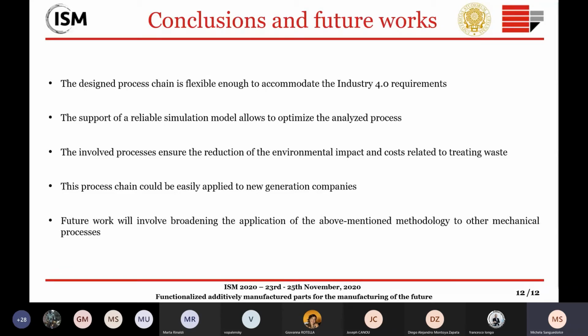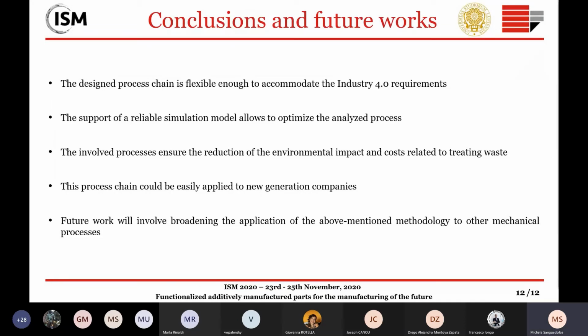Also, the support of a reliable simulation model allows us to optimize the analyzed process, significantly reducing costs such as scraps generated, and thus reduce the environmental impact and costs related to treating waste, while the use of environmentally friendly lubricant conditions enables the creation of a safer and healthier working environment.